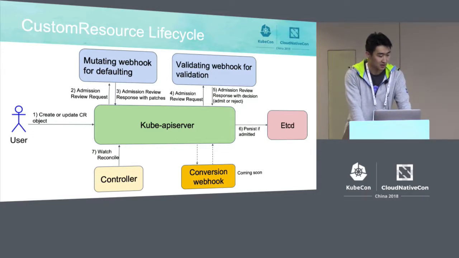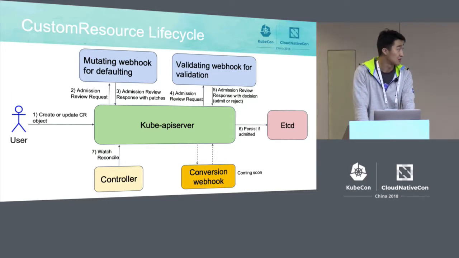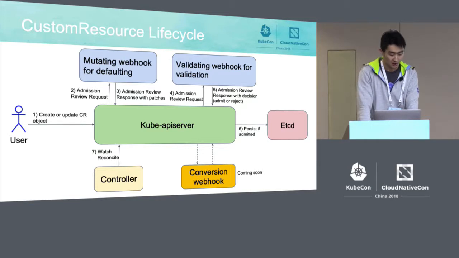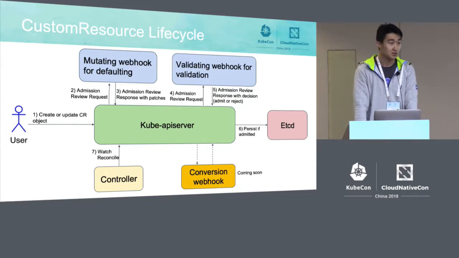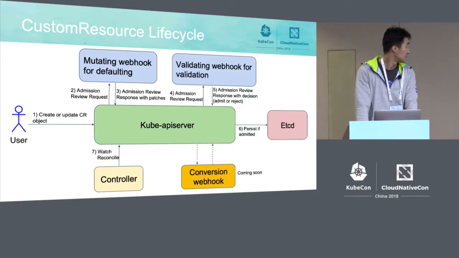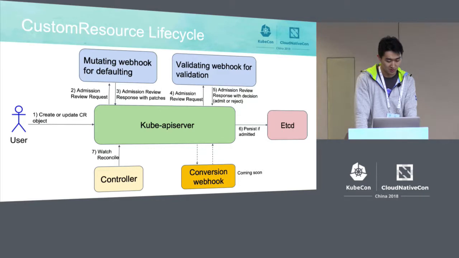Next, let's talk about the custom resource lifecycle. When a user creates or updates a custom resource, first it sends the request to the API server, and then the API server will send an admission review request to the mutating webhook to do the defaulting. The webhook will return a response with patches to the API server. The API server then will send another admission review request to the validating webhook for validation.